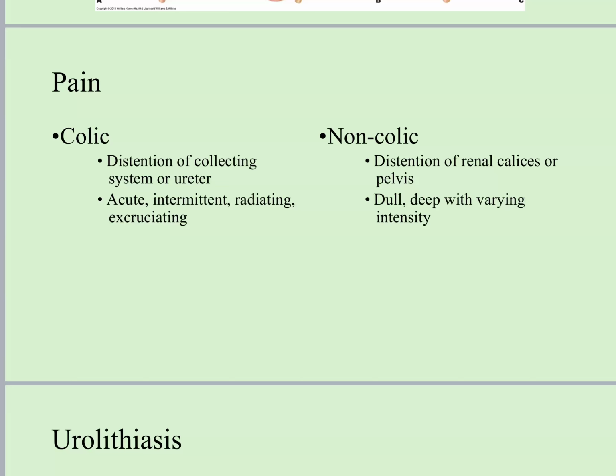So typically, if somebody has a kidney stone and it's kind of moving its way along, they might be in tears and not be able to function. But if it wiggles just a little bit, they might get relief. So it's very bizarre. And then there's non-colic pain, which comes from feeling the distension of renal calyces or pelvis. And that is a dull and deep pain with a varying intensity.